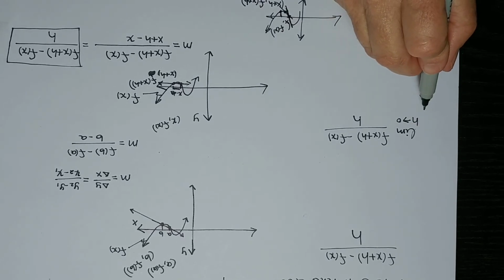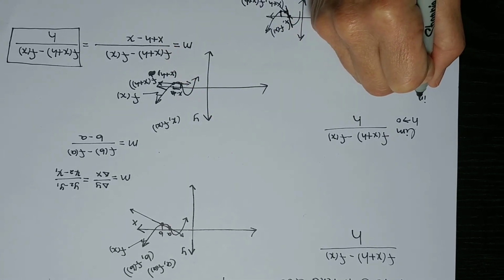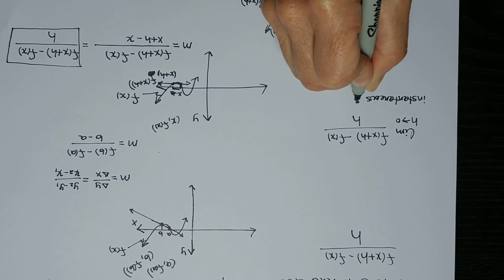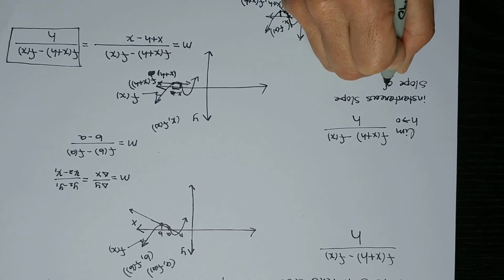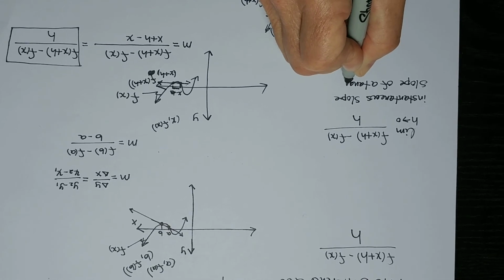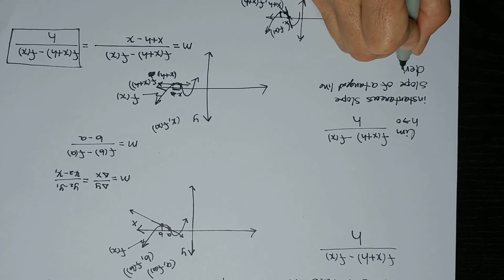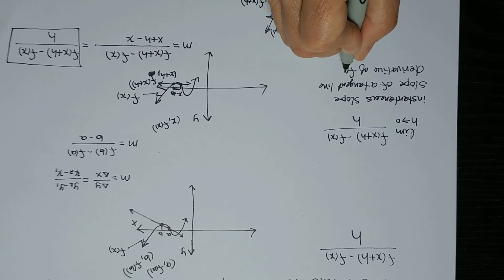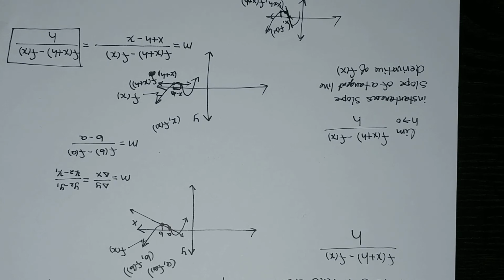So the limit as h goes to 0 of the difference quotient is known as instantaneous slope, or the slope of a tangent line, also known as the derivative of a function, the derivative of f of x. So this is what you'll be learning about in calculus, and that's why we need to get to know how to do it in pre-calculus.